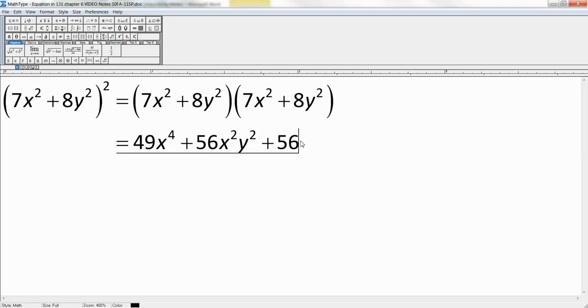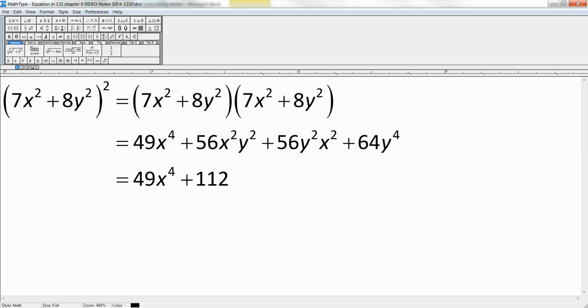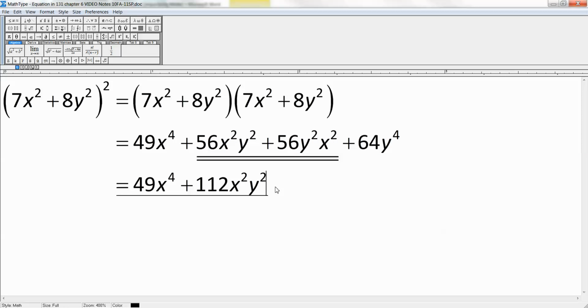So 56, y squared, x squared. And again, the order there doesn't really matter. Plus 64y to the 4th now. So this is equal to 49x to the 4th plus 112x squared y squared, because you're going to add these 2 in the middle because they're like terms, right? They're going to combine together, plus 64y to the 4th.